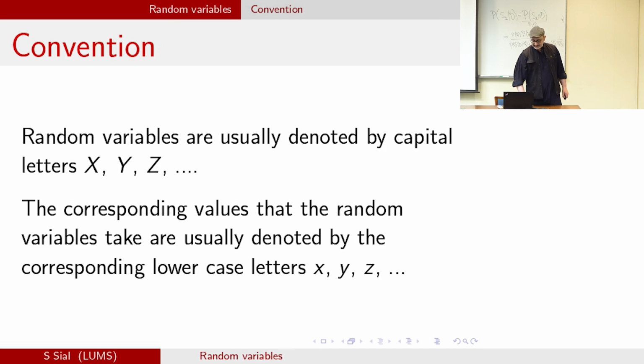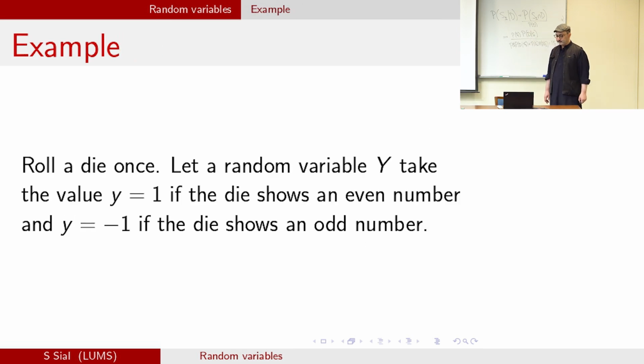Okay, so let's do a simple one. I'm going to roll a fair six-sided die once. So you have a sample space which consists of roll to 1, roll to 2, roll to 3, up to roll to 6, okay? Now, I can think of infinitely many functions to define on that sample space, but here's one.